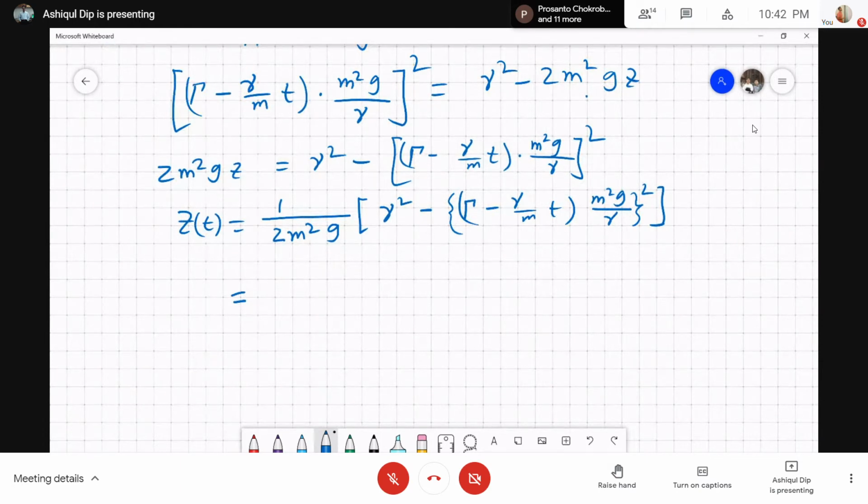So all you need to do is simplify it, then you'll see it. It gives you 1 over twice m square g, that's fine, then gamma squared, and then you have to take this whole square as well. So what do you get from there? It gives you m to the power 4 g squared divided by gamma squared, times.